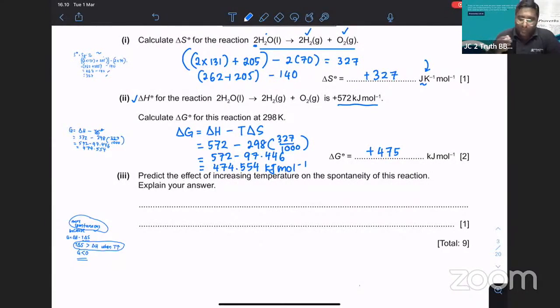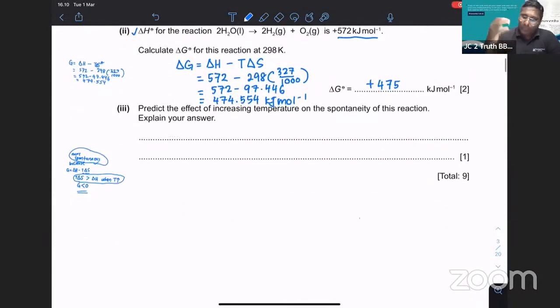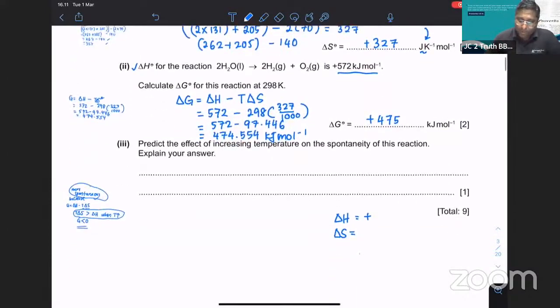Now, the next part is predicting the effect of increasing temperature on the spontaneity of this reaction. We have learned that the delta H is endothermic, is positive, and we also know that your entropy change is going to be a positive value also.